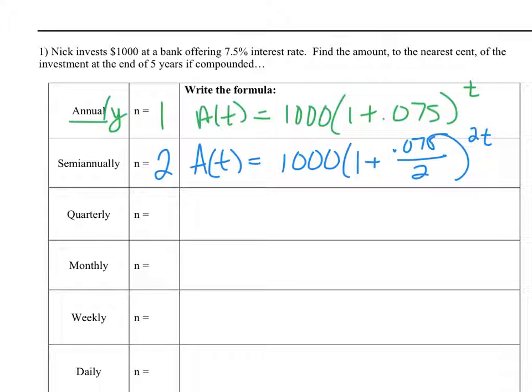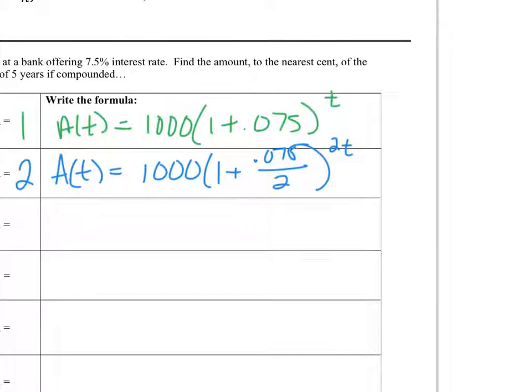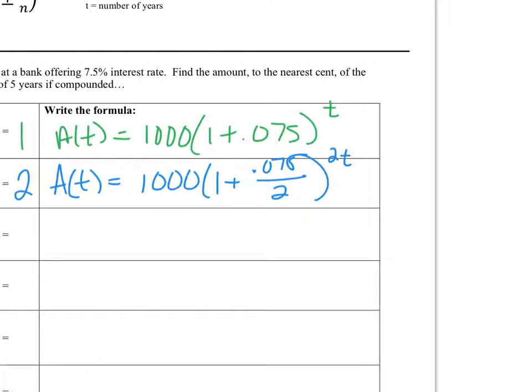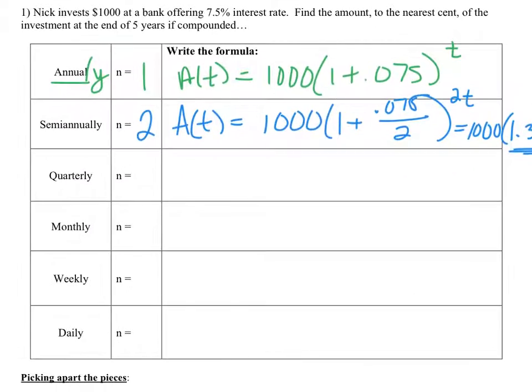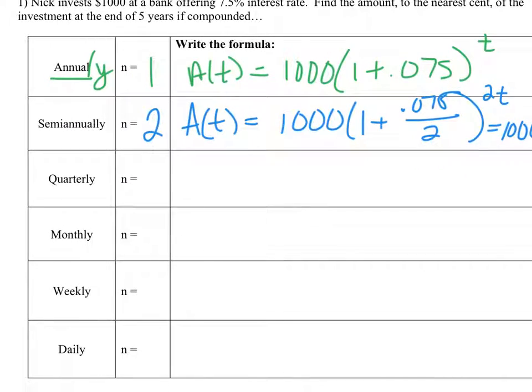And then if you want to actually figure out the number here, well, it's 1,000 times 1.0375 to the 2t power. So you can see you get less of a percentage. Your percentage rate is only 3.75 percent or so, but then you square it, so it does have a slight advantage. It's not that big of an advantage, mind you, but it is a slight advantage.